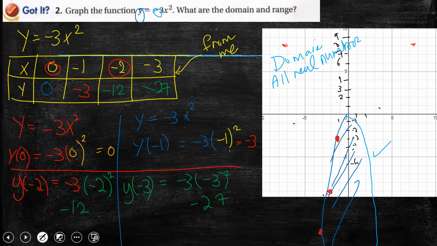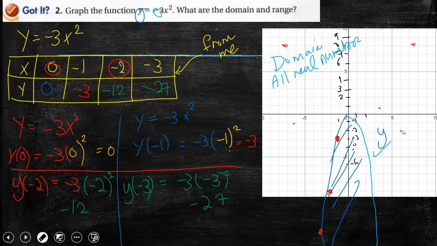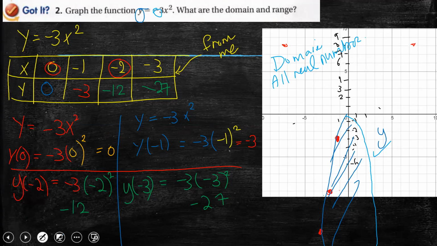So what does it mean? All the points of y are less than or equal to 0. So this will be the range.